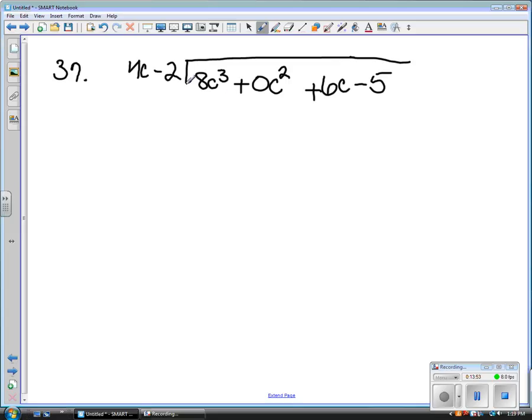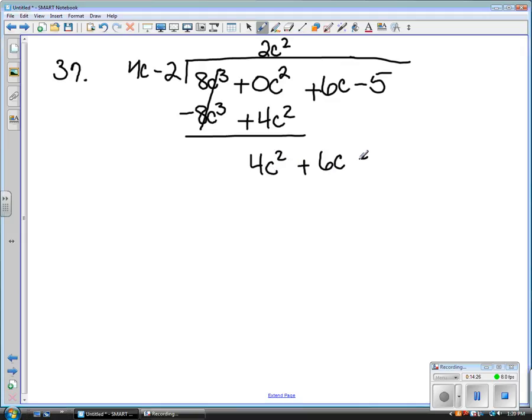Now, 8c cubed divided by 4c is what? 2c squared, right? So what is 2c squared times 4c? 8c cubed. What is 2c squared times negative 2? Negative 4c squared. I'm going to subtract, so I'm going to change those. Just cancels off. And when I add those, I get 4c squared.